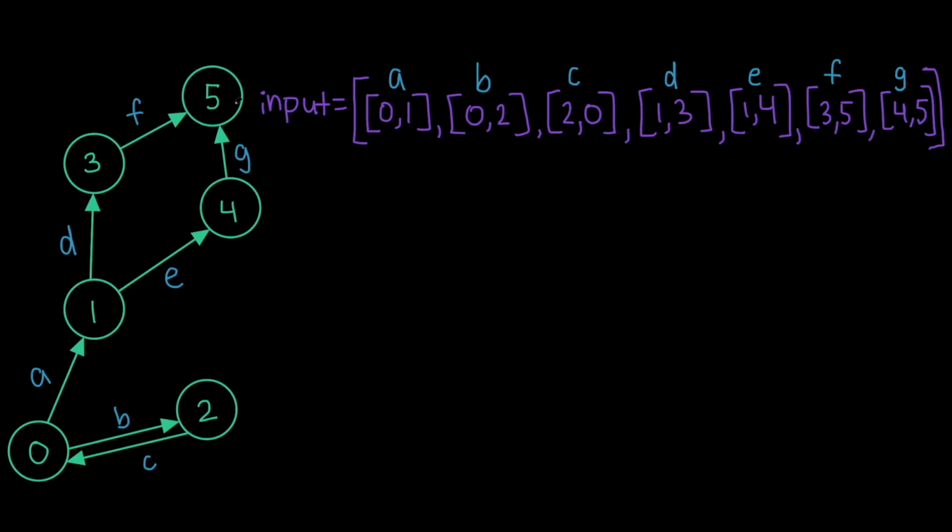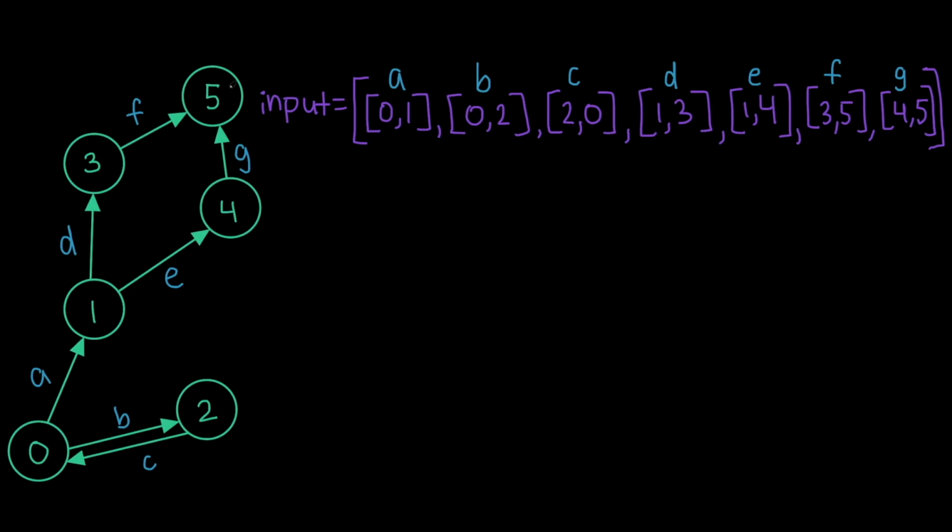Now, let's say we were trying to do any sort of standard graph traversal problem. So to keep things simple, let's say we wanted to find the shortest path from node 0 to node 5. Or to make this more concrete, let's say we're going with the example of cities and roads. So we want to find the shortest path from city 0 to city 5.